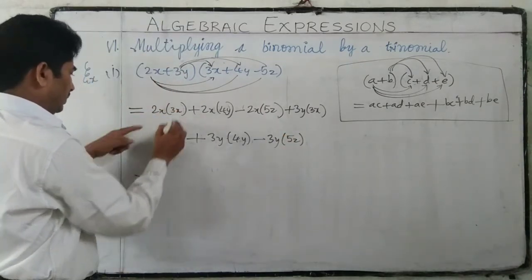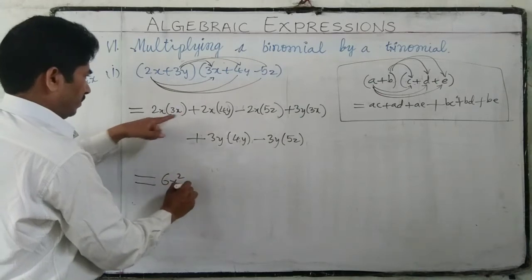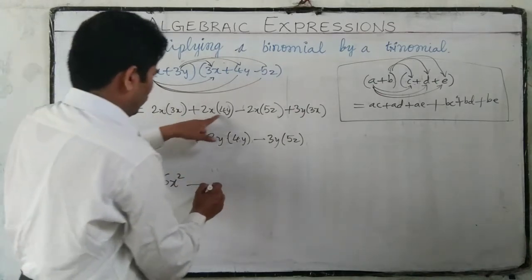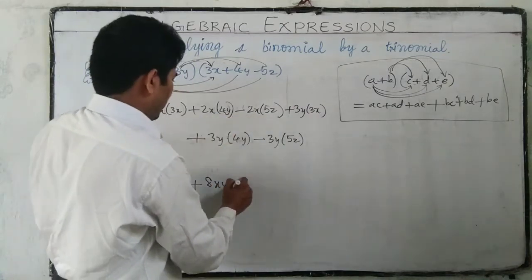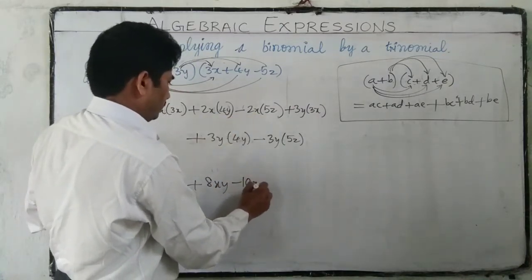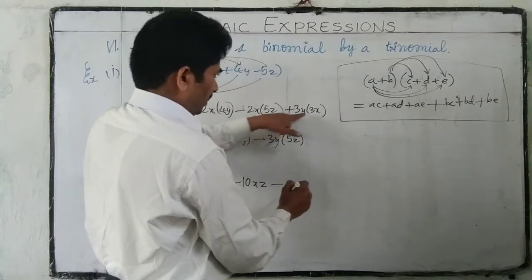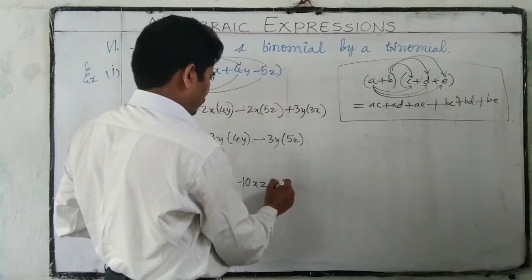2 3s are 6x square, plus 2 4s are 8xy, 2 5s are 10xz, 3 3s are 9xy.